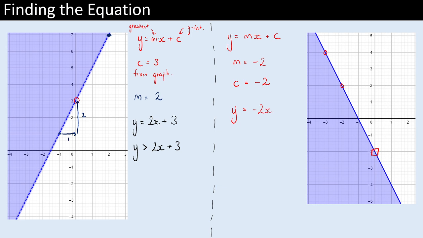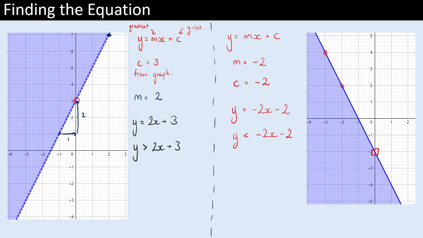Now instead of saying add -2, I'm just going to say subtract 2. And if we're thinking about the blue area, we are wanting the stuff that is down of that line. And if we're heading down a line, that means we're looking for the stuff which is less. So y is less than -2x, take away 2, is the blue area.